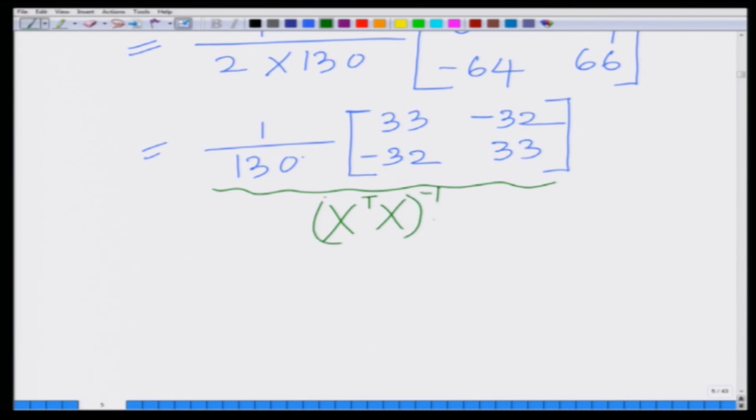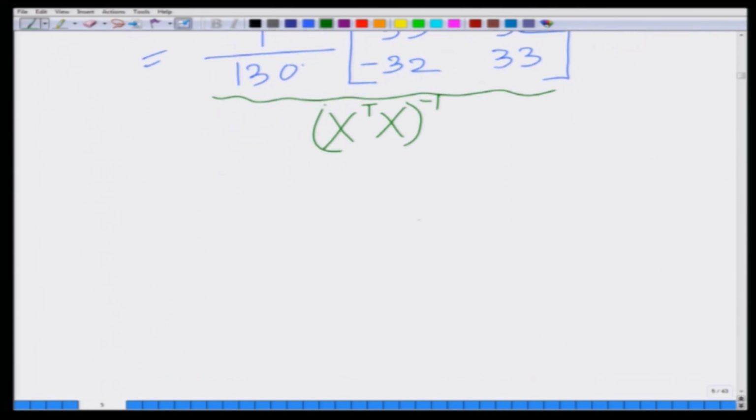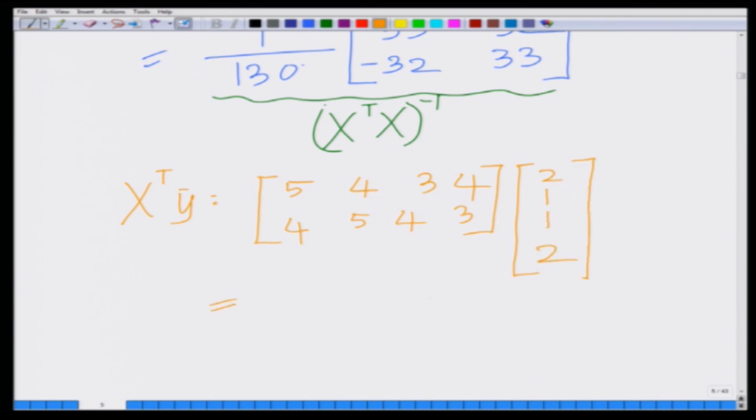Now, the other quantity that we need to compute is x transpose y, and that can also be computed as follows: x transpose y bar equals 5 4 3 4 4 5 4 3 times 2 1 1 2, which is equal to this vector 25 23.